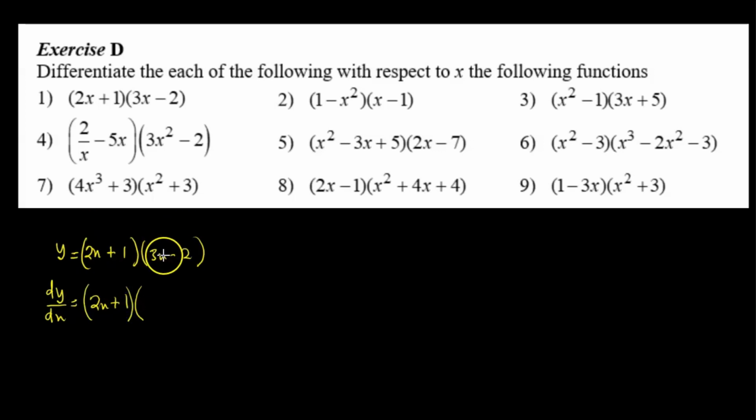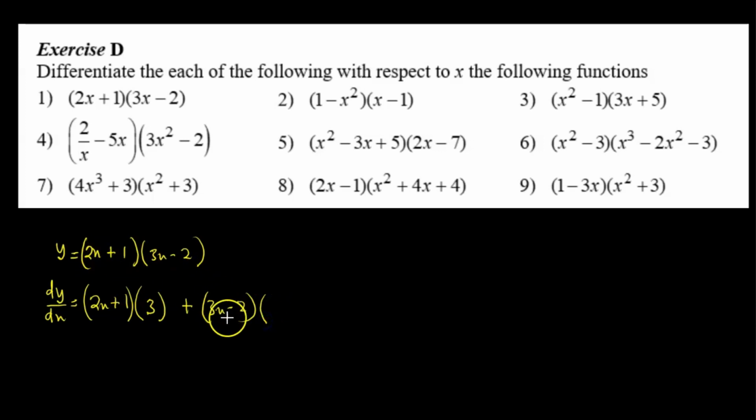I'm differentiating the second function, 3x minus 2, which is the one in the bracket here. You realize that it's a polynomial function, so we can differentiate it term by term. Differentiating 3x will give us only 3, and differentiating negative 2 will give us 0. So we've done differentiating the second function. Added to maintaining the second function, which is 3x minus 2, multiplied by the derivative of the first function.